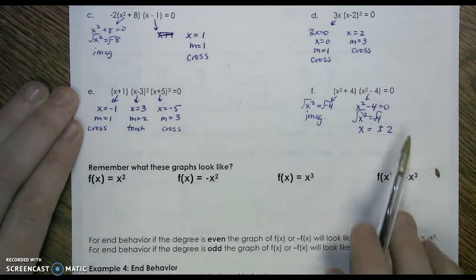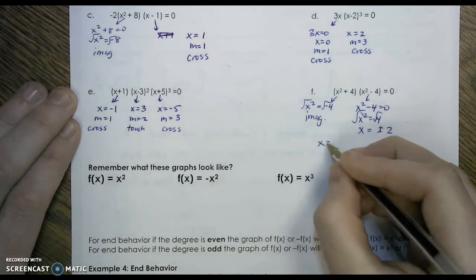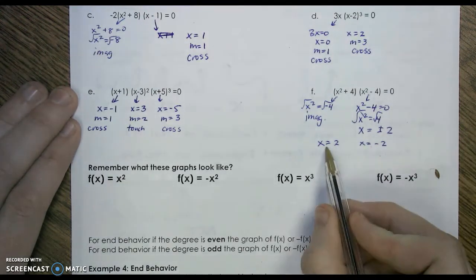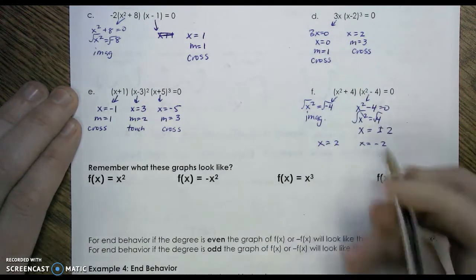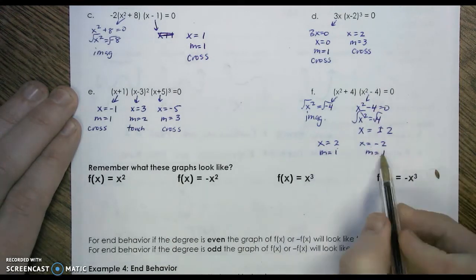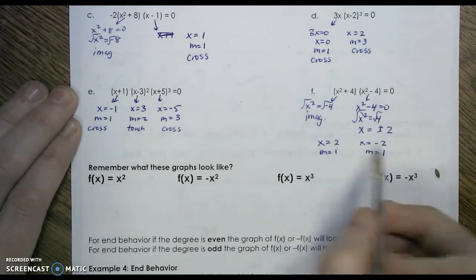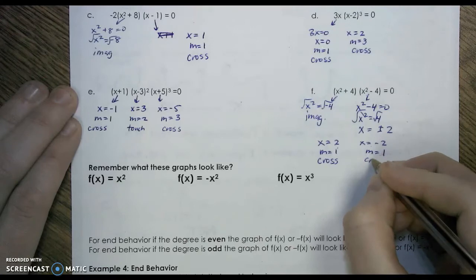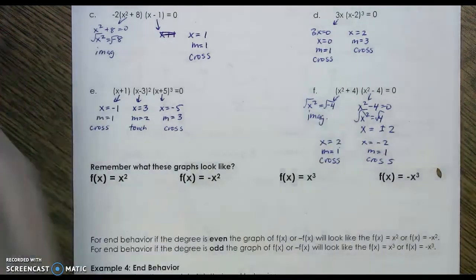So there's 2 roots there. Let's split them. X equals 2, x equals negative 2. Now, together, they make multiplicity 2, but each of them just has multiplicity 1. Together, they make the squared, but separate, they're each multiplicity 1, which is crossing the x-axis.